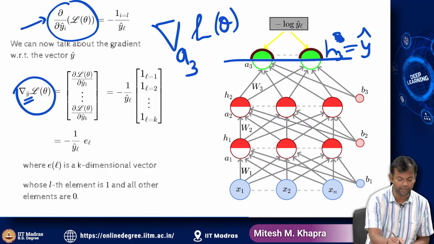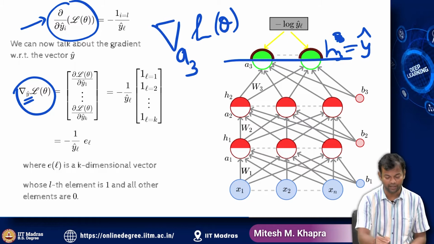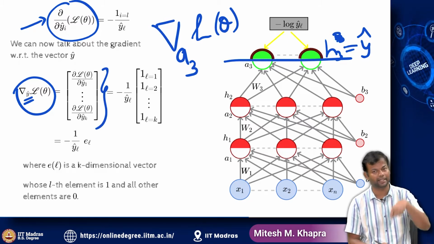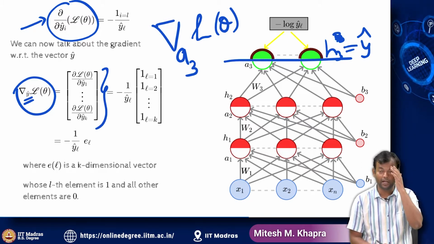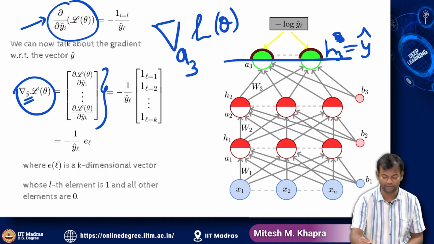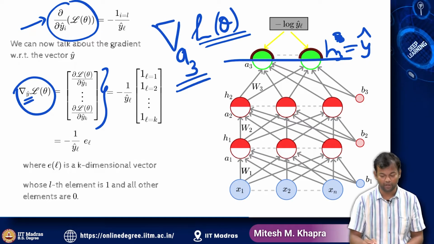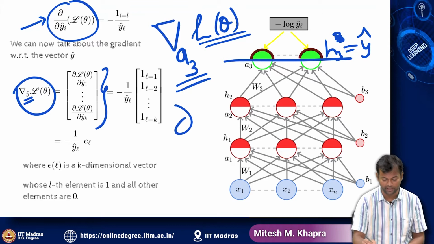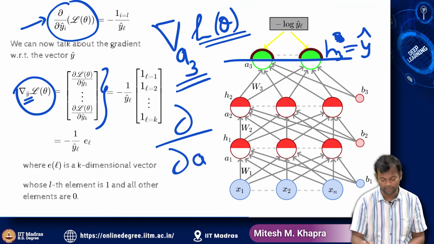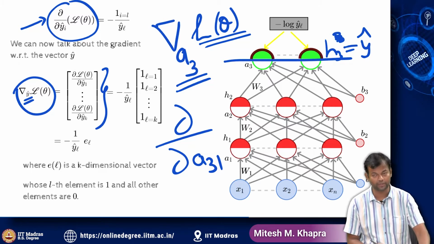We first computed the partial derivative with respect to one element, and once we had that, we were able to write down the formula for the entire vector, right? So this same recipe is going to repeat everywhere. Whenever you're interested in a derivative of some quantity with respect to a vector, we'll first find the partial derivative with respect to one element of that vector, and then generalize for the entire vector. Okay, that's what we are going to do.